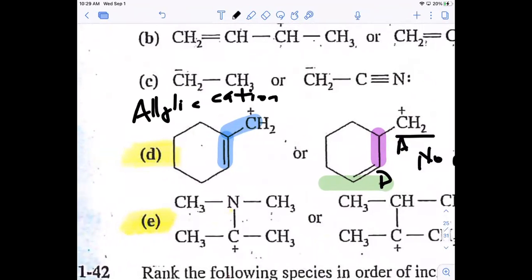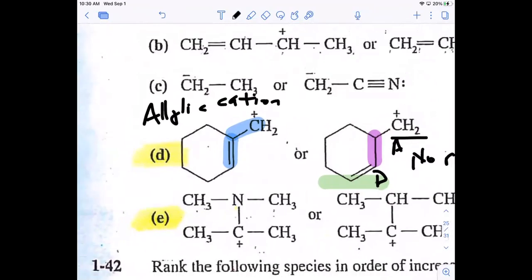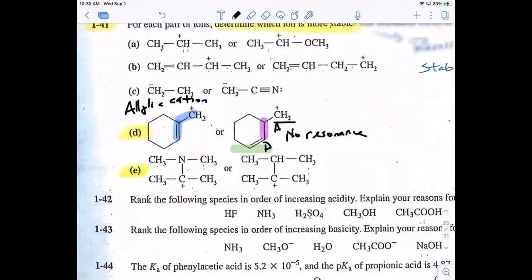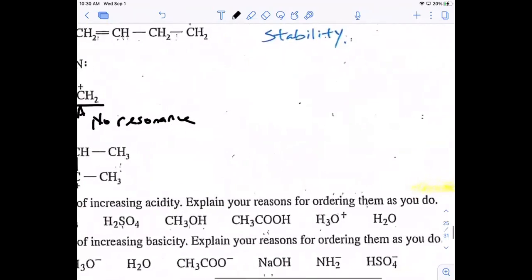Because we haven't worked a lot of these, how would you push the arrows? Would you put a lone pair in that crevice right there? Well, in the case of an allylic cation, let me show you right quick, because we haven't talked about that a lot.